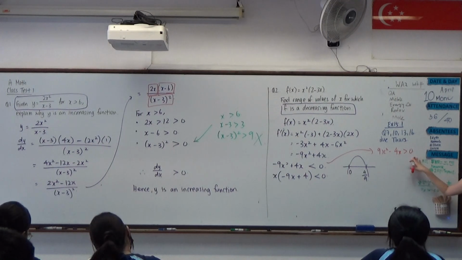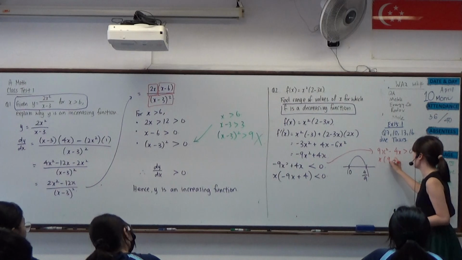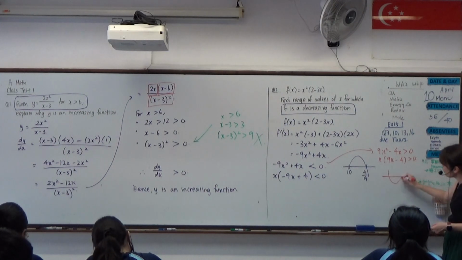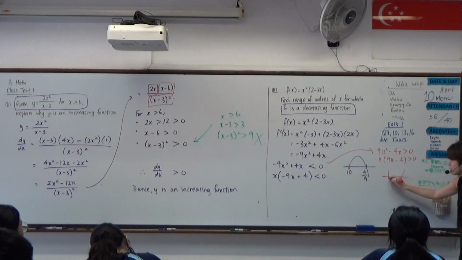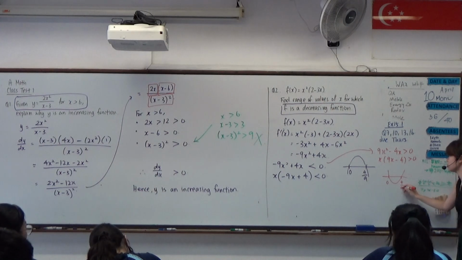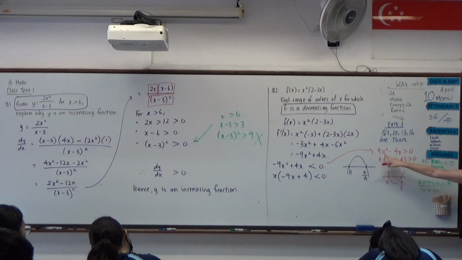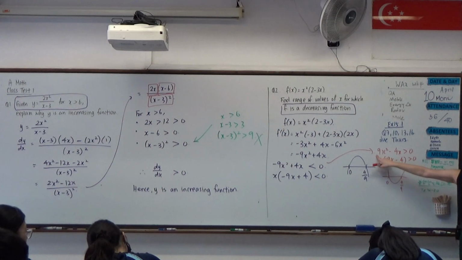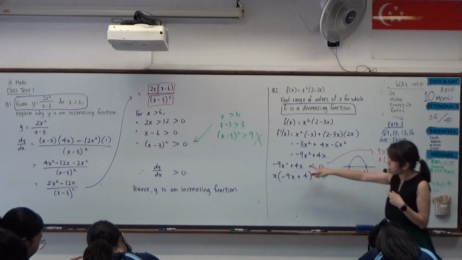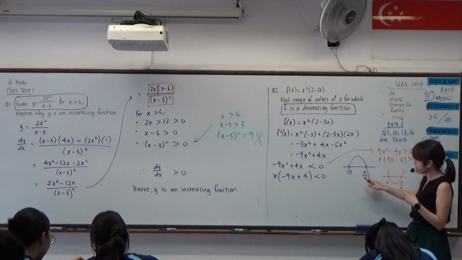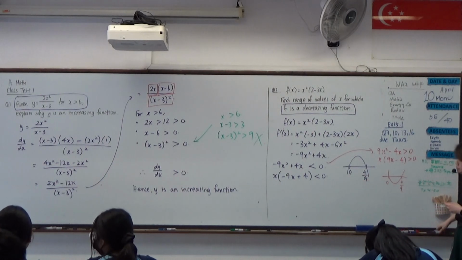Change to positive first, and then you factorize out as per usual. Then your graph will always be a happy face, and we will always have no problems with that. It is only a happy face on the condition that the x squared coefficient is actually positive, but in this case it is negative. So it should actually be this way, 0, 4/9.